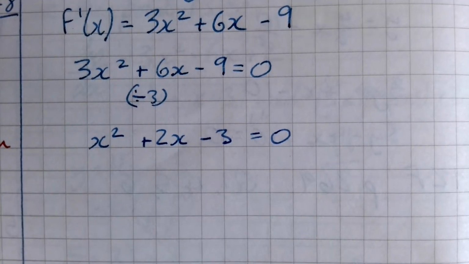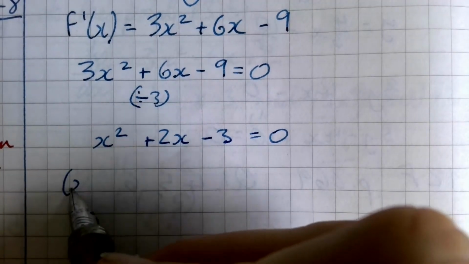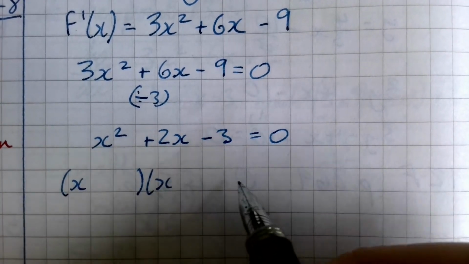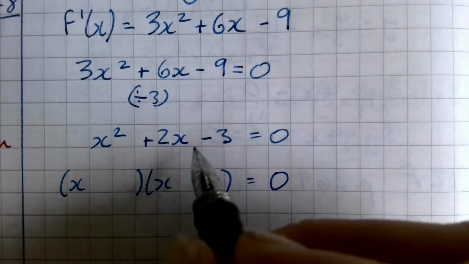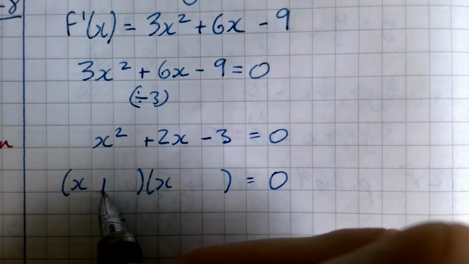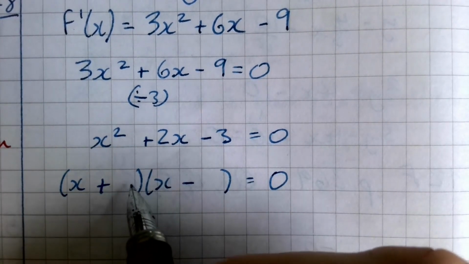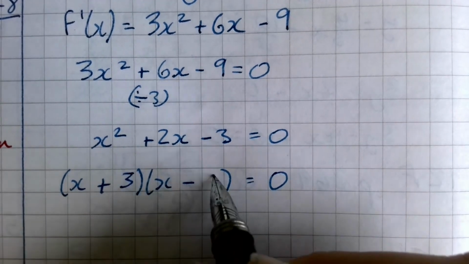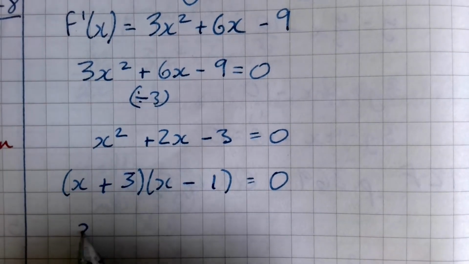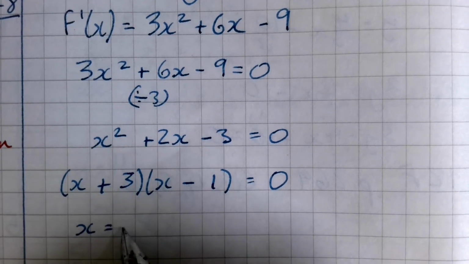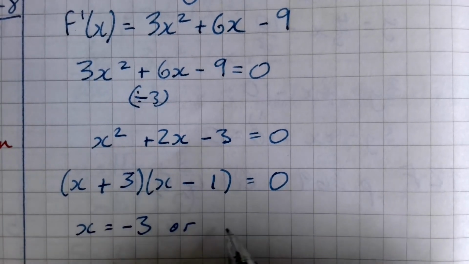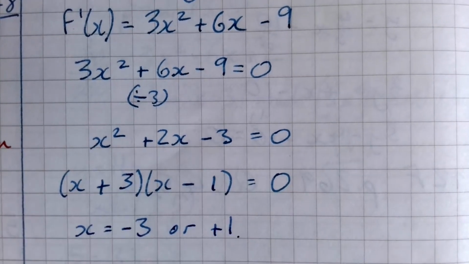And then to find the two solutions to that, we can factorize, or use the quadratic formula if you want to. But we've got a positive and a negative. 3 take 1 is 2, so it's going to be plus 3 and take 1, meaning our solutions are x equals negative 3 or positive 1.